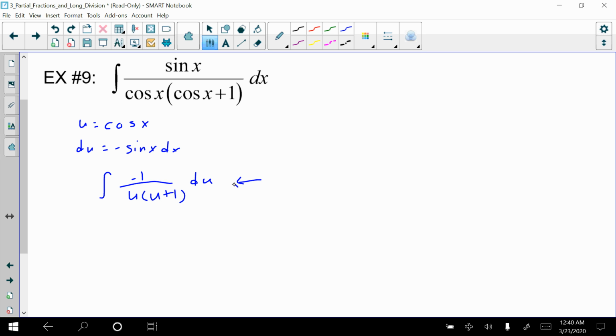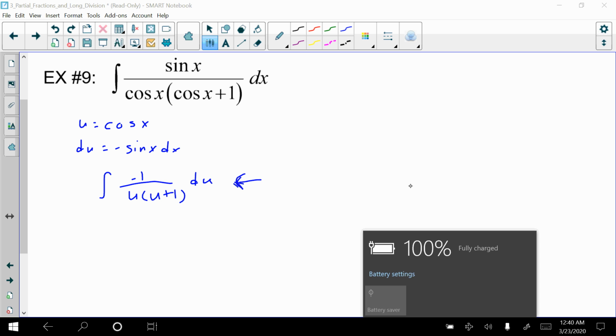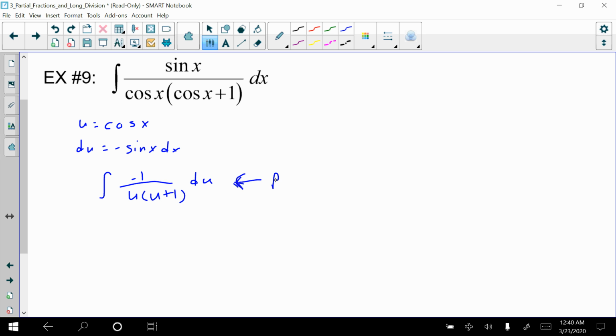So going back to the problem, at this point here, this is where we're going to do our partial fractions.